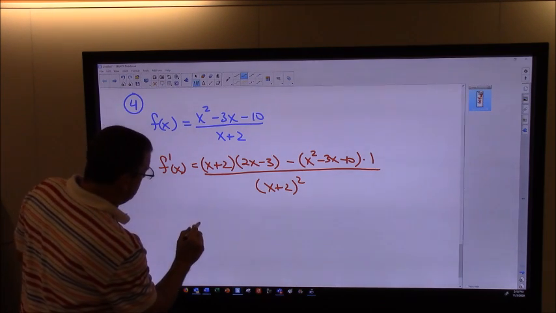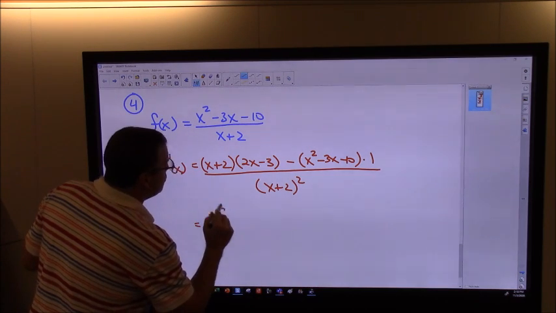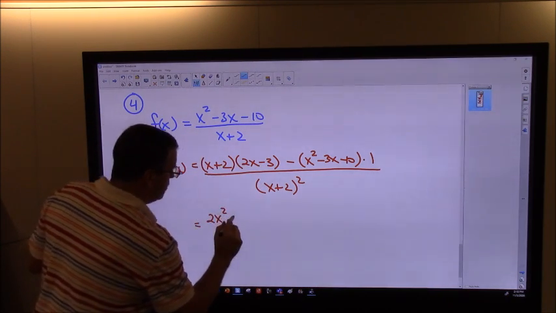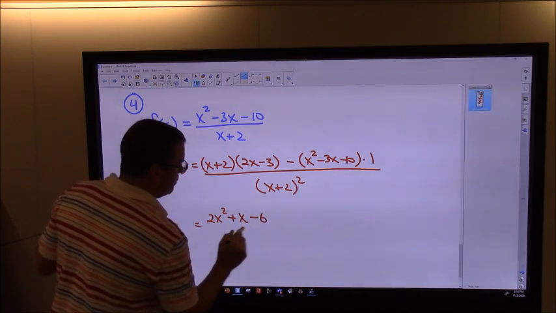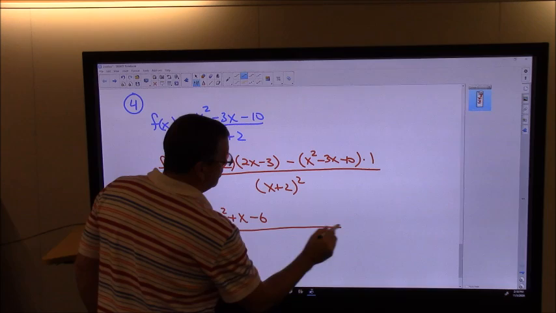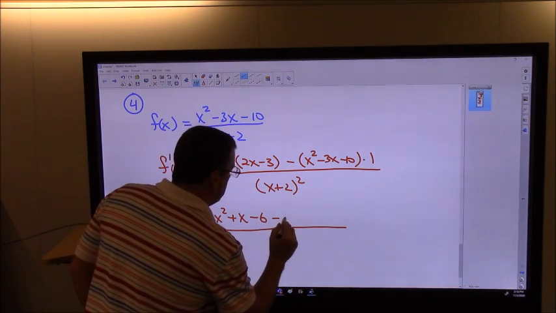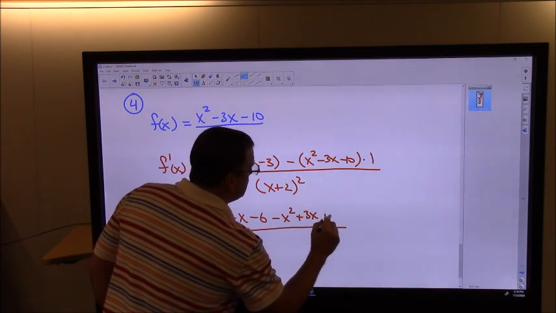All right, so I'm going to go ahead and FOIL this. So I get 2x squared minus 3x plus 4x, so those will add up to just plus x. And then minus 6. Here I've got minus x squared plus 3x plus 10.